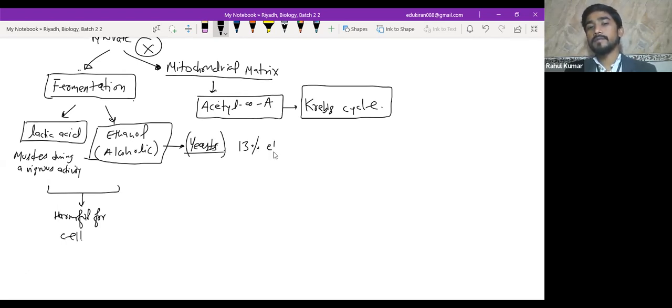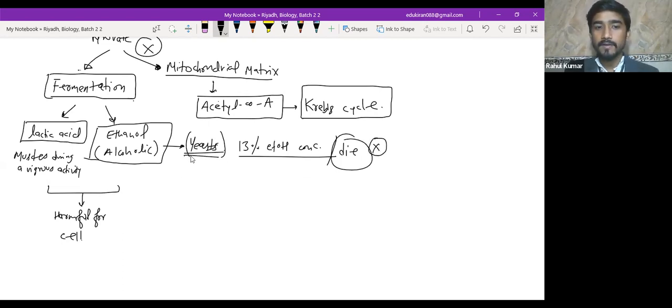So at 13% ethanol concentration, they die. Whenever yeast are continuously doing alcoholic fermentation, when the level reaches 13%, they will die.